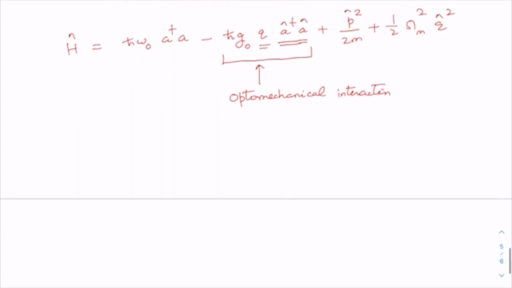This Hamiltonian could be written in a different form as well. Let me write that, because this will teach us something useful.